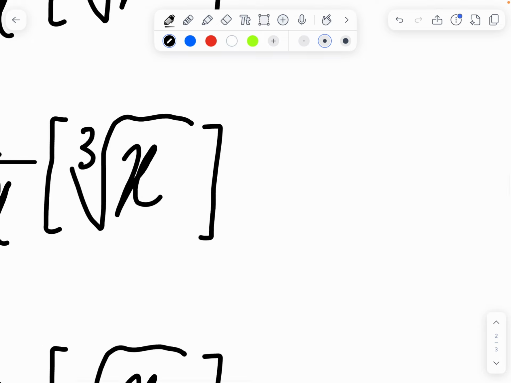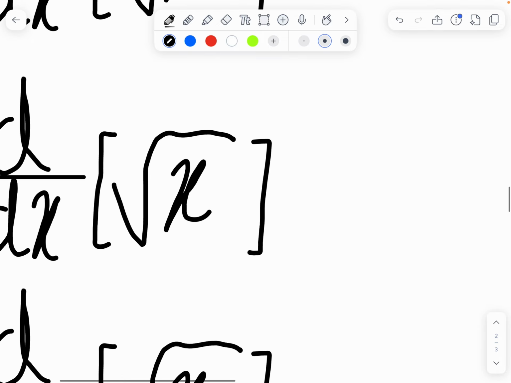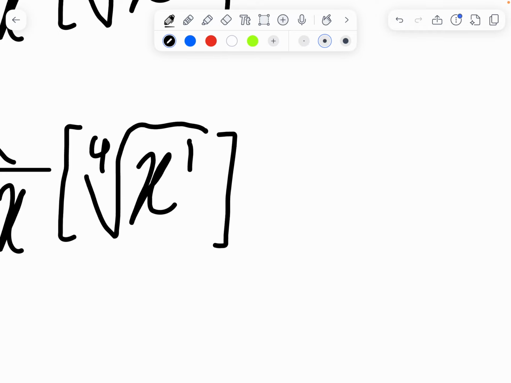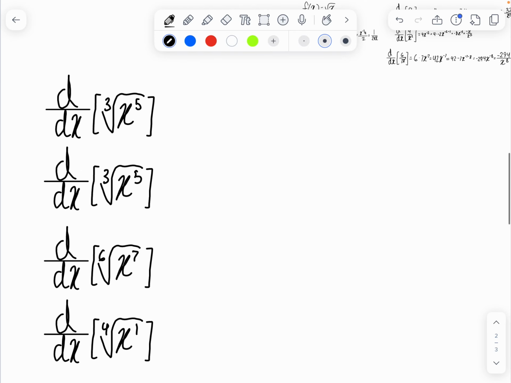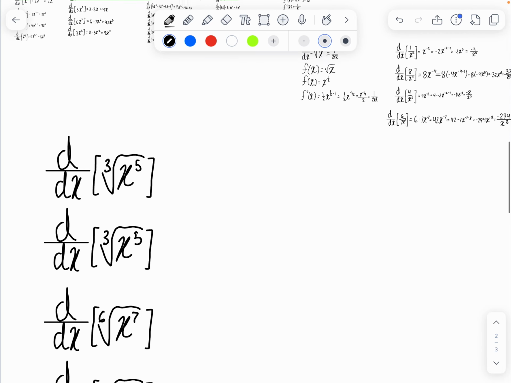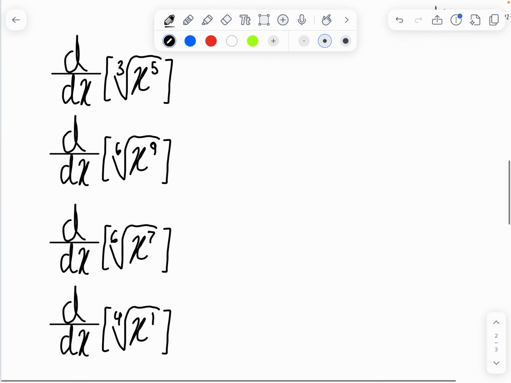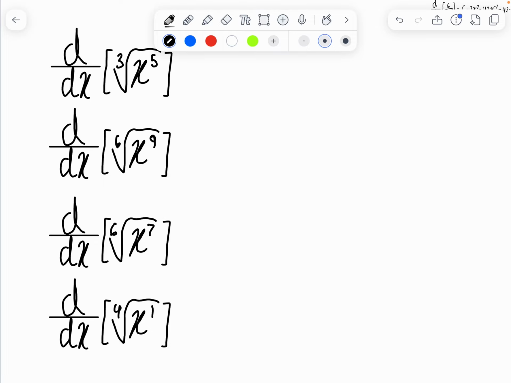Uh, 3, 5, 6, and 7, 4, and 1. Okay. So you can pause the video. Oh, this is a duplicate. Hang on. Just do 6 and 9. Okay, pause the video and find those derivatives.